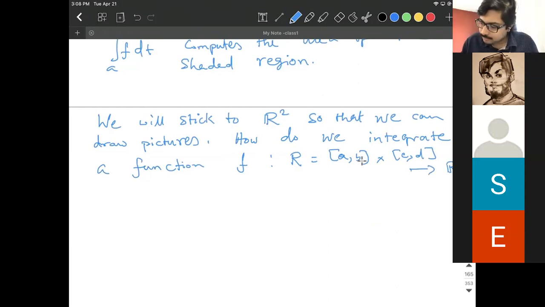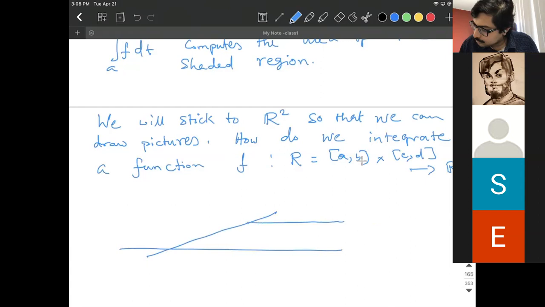So we have this, let me draw it in this way. So this is the rectangle [a, b] cross [c, d].